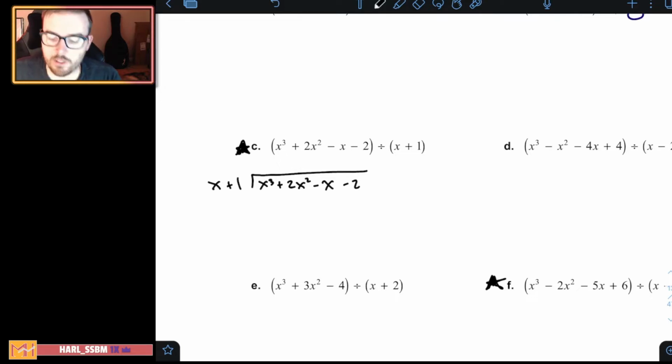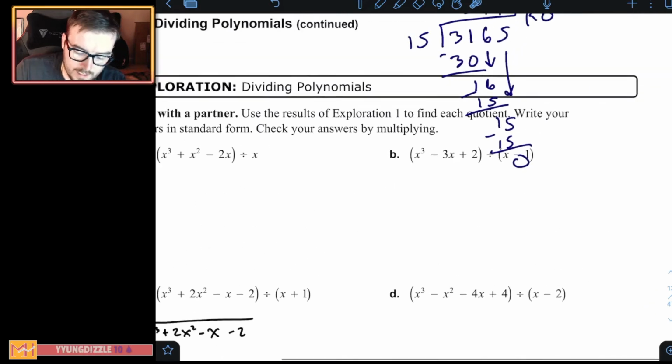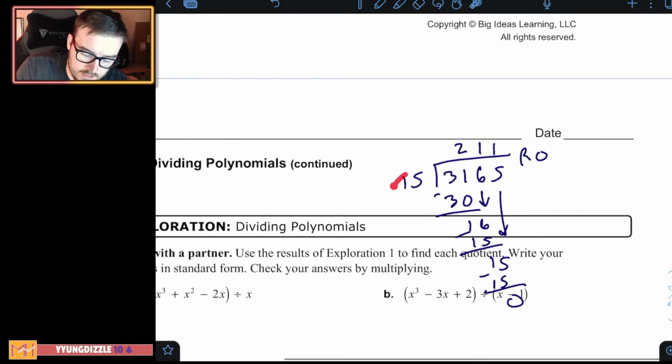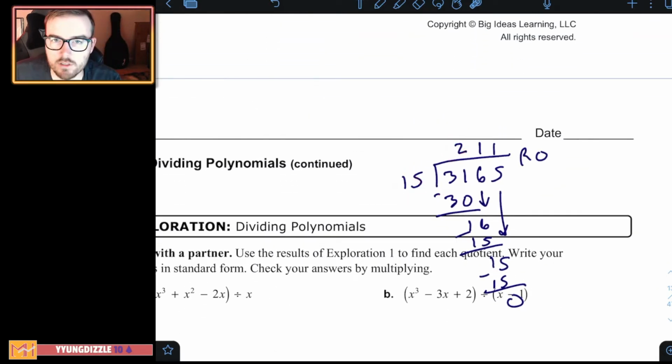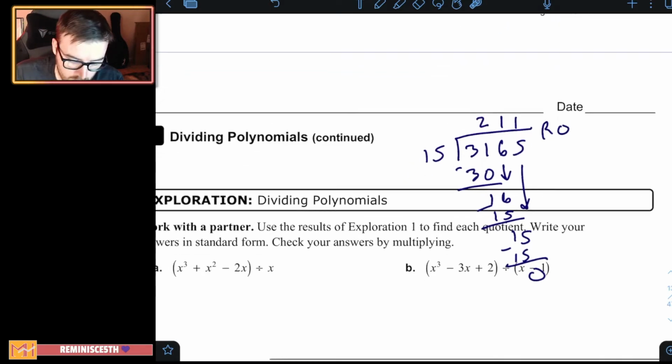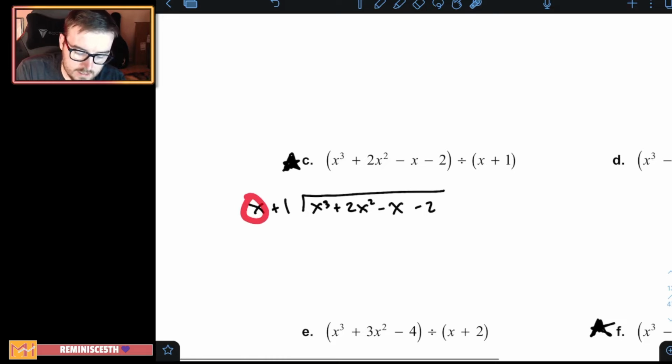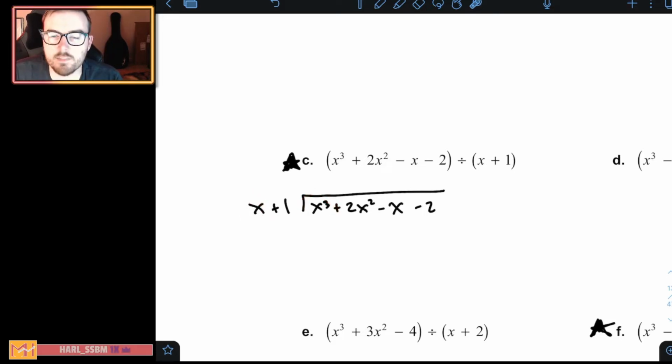The question I was asking each time was, 15 times what gets me close to 31? And that's 15 times 2. So x times what gets me x cubed? The answer, x squared. X squared times x gets me x cubed.